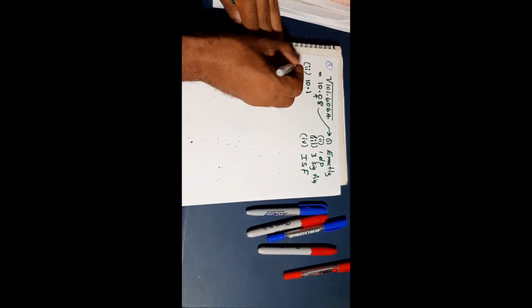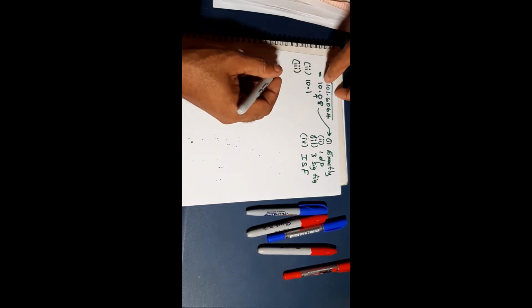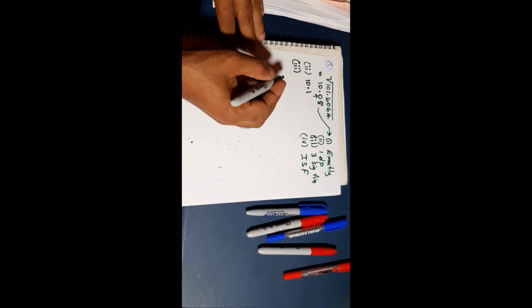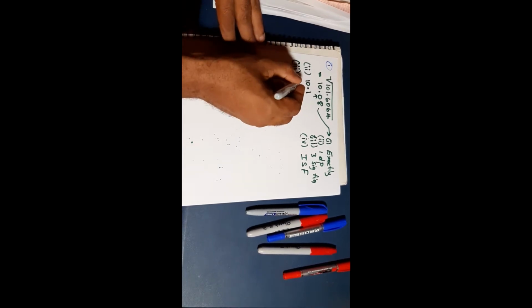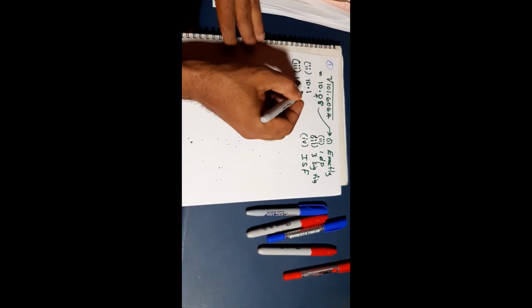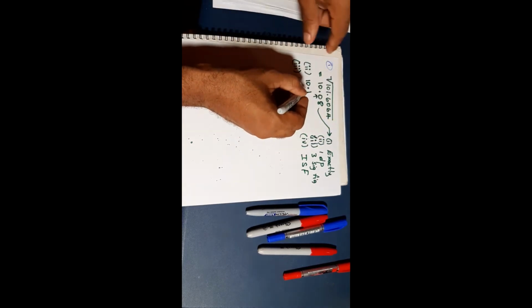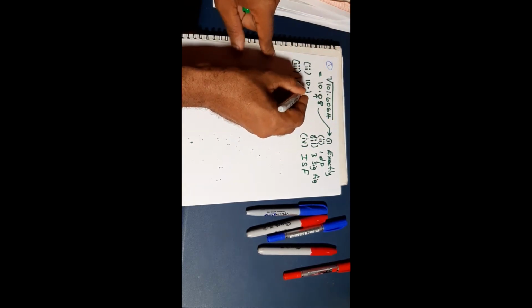Now they said that they want this number to 3 significant figures. So what we're going to do, we're going to round this off to 3 significant figures, because right now this number is written to 4 significant figures, so we need it to 3. So the 1 would be the first, 0 would be the second, we put our decimal point. Now the 0 would be our third significant figure.